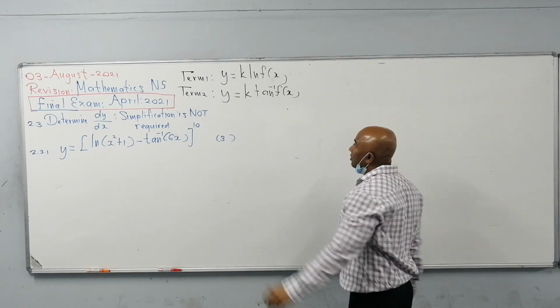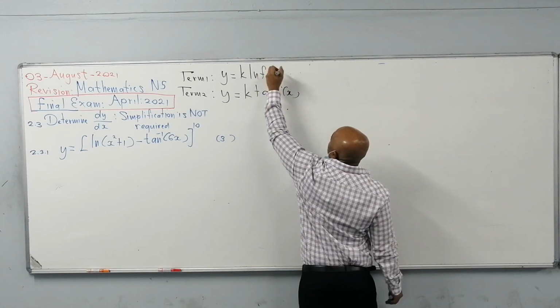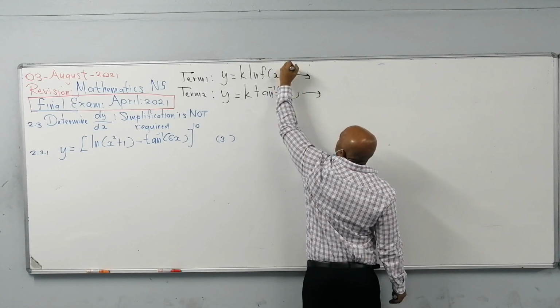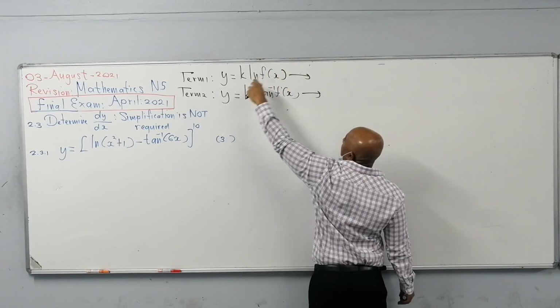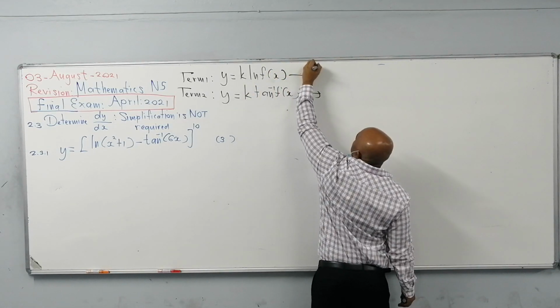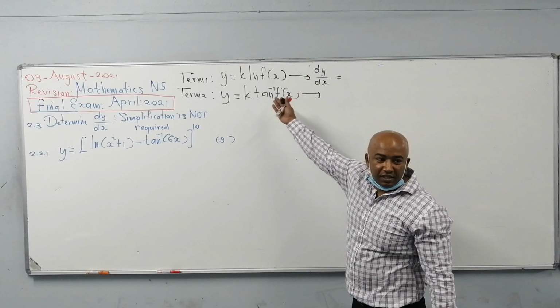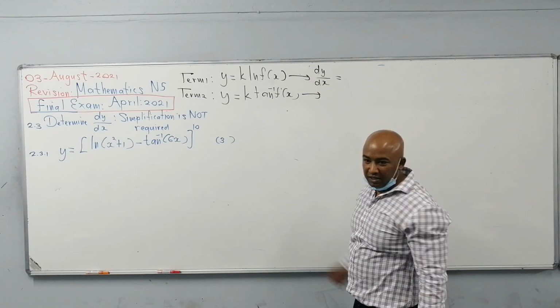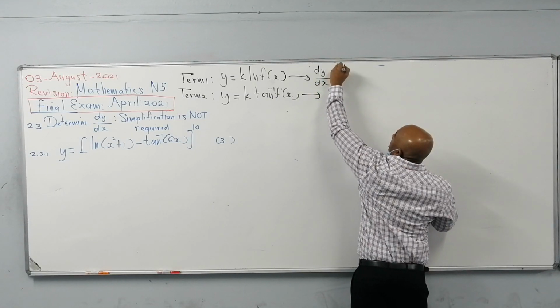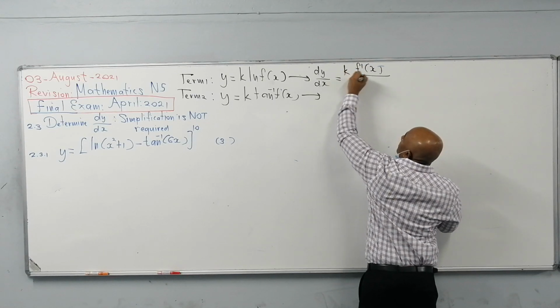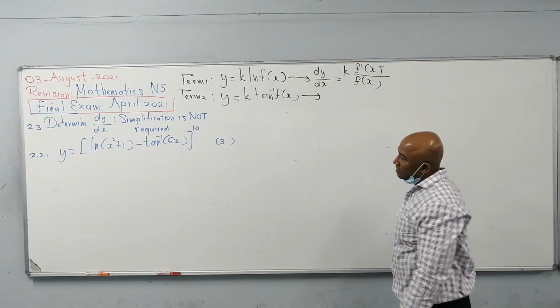Then we know now what the derivatives are here. Your derivative here, dy over dx, this one we've just used under first principles, remember? This is going to be f prime x all divided by f of x.